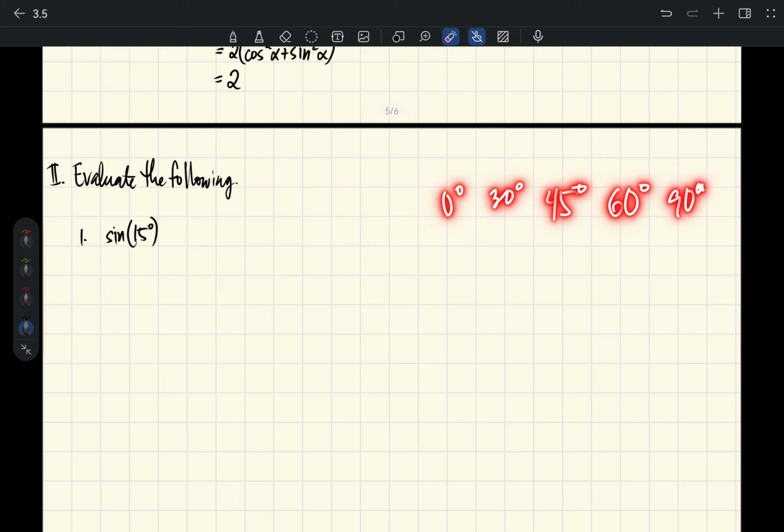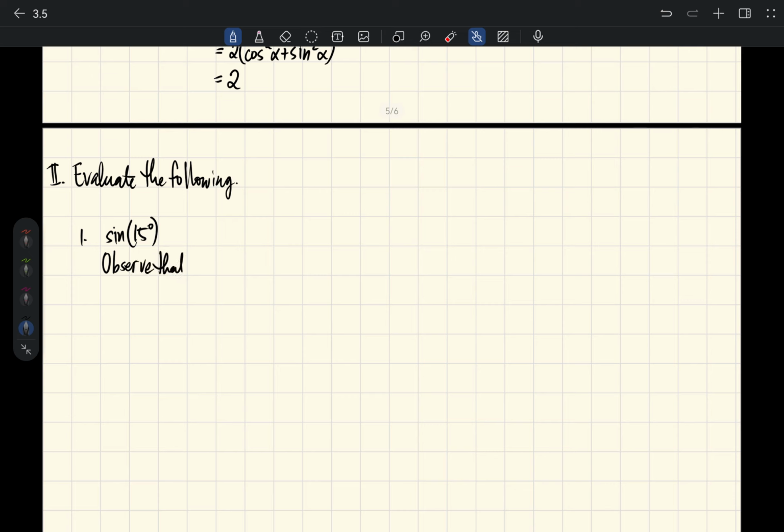So how do we evaluate this one? Observe that 15 degrees equals 60 degrees minus 45 degrees. And these two angles right here have special values.